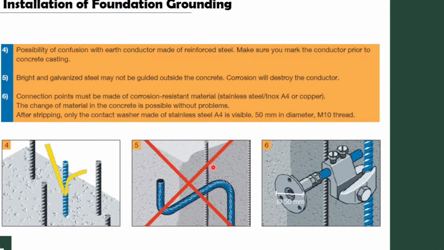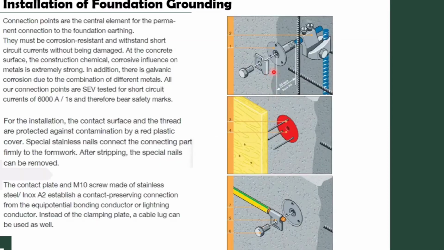And finally, the connection points must be made of corrosion resistant material, and the change of the material in concrete is possible without problems. And as you see here, after I install the metal, I connect it to the 50 mm diameter plate.